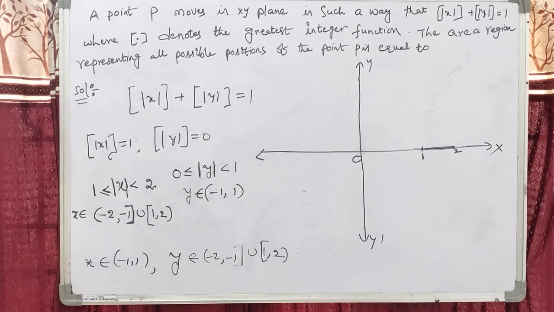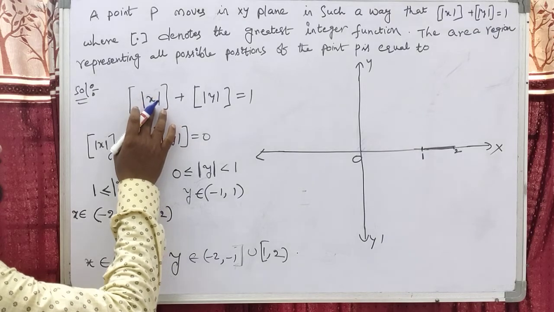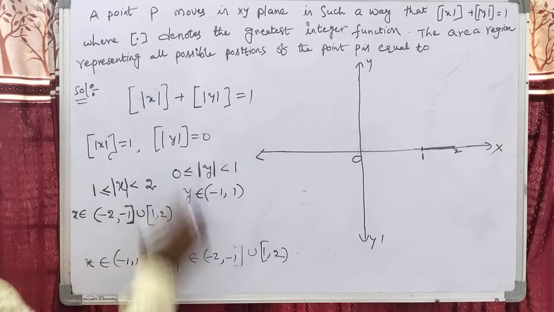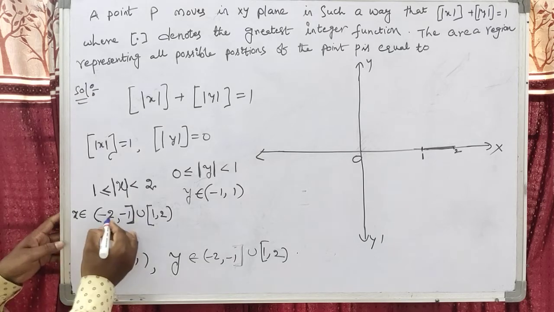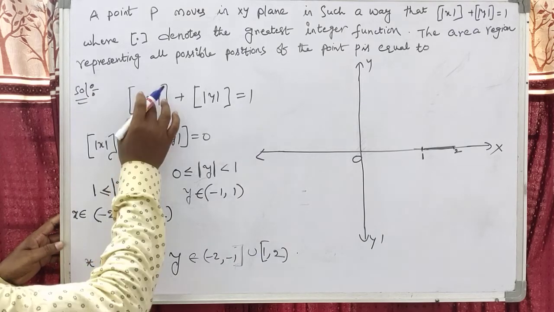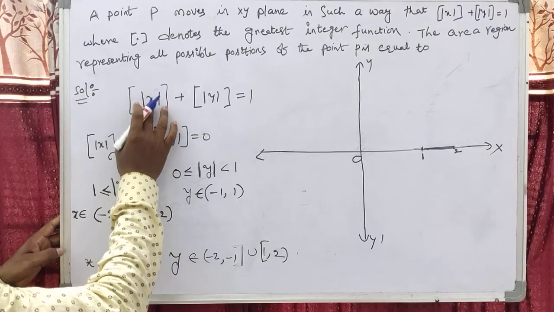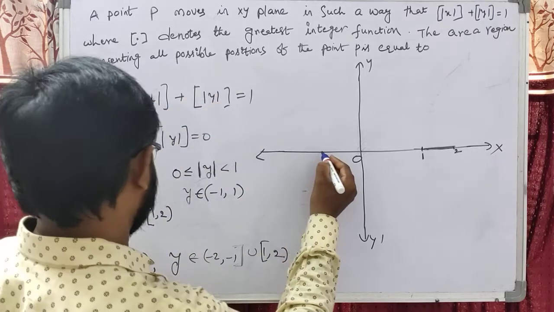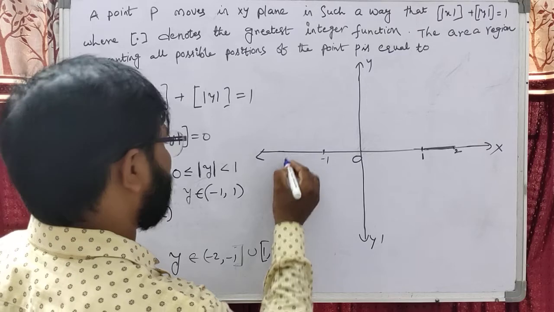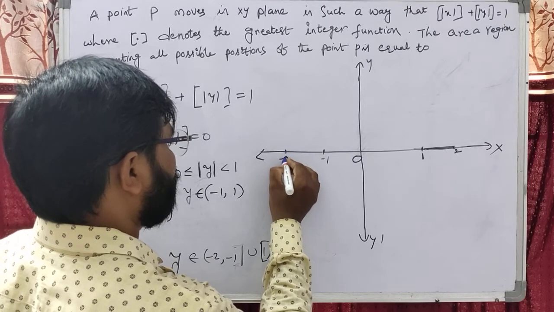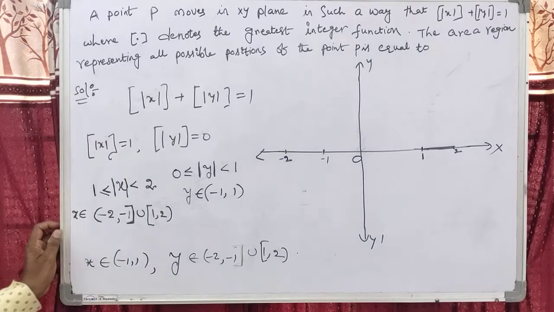When you take minus 1, what is the region here? The step of mod of minus 1 is plus 1. Undoubtedly this is also minus 1 to minus 2.